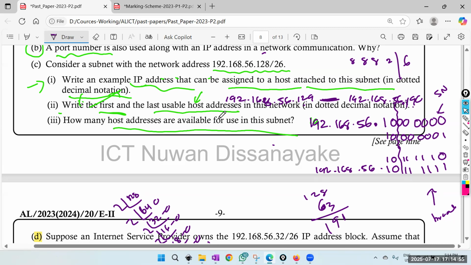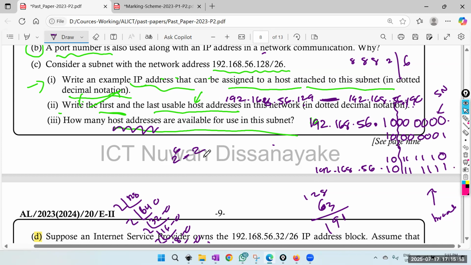Okay. How many host addresses? Not how many IP addresses, host addresses. The number of usable addresses: if you have 6 bits to play around, it is 2 to the power 6. But remember, minus 2, because the first one and last one you can't use.